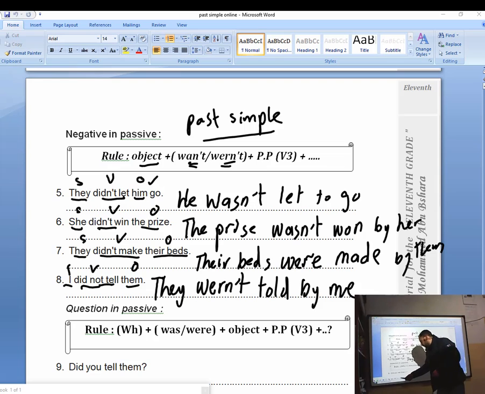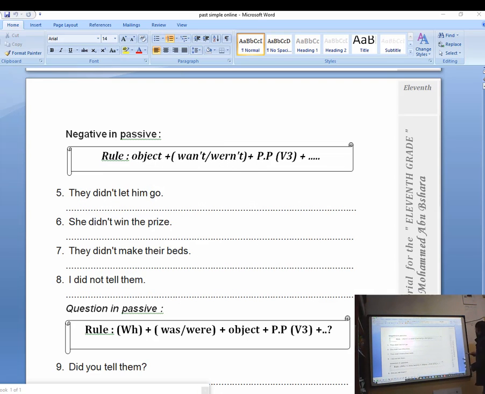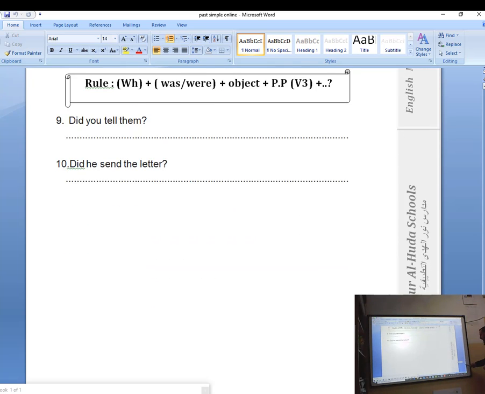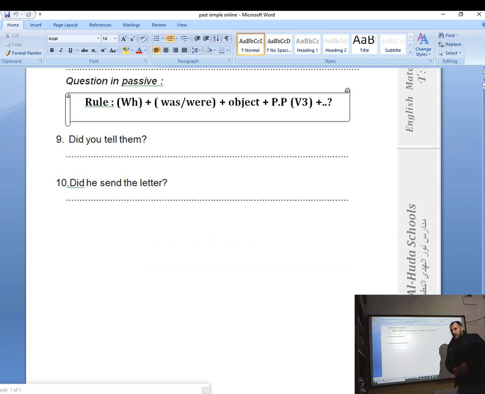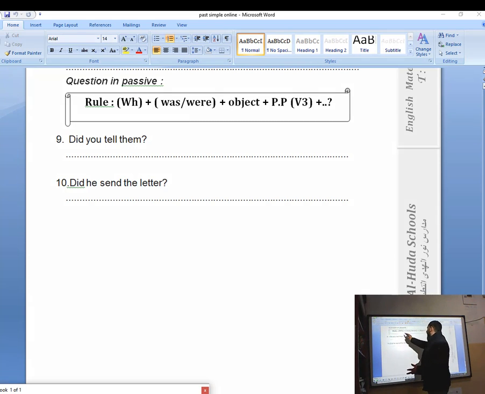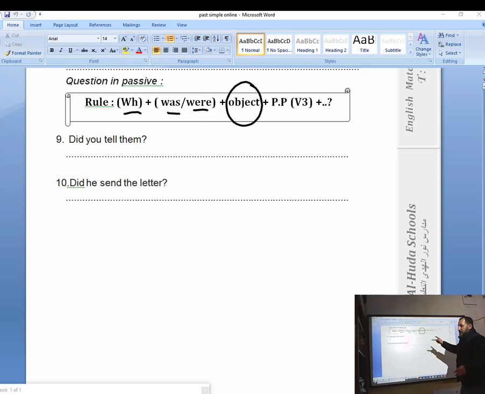And right now, we are going to have the question in the passive for the past simple. If I have a question, how can I change these questions into passive if they are in the past simple? The rule is WH sometimes and sometimes without WH. Then was or were. After was or were, the object, not the subject. Take care of this. And then PP. Did you tell them? Them is the object.